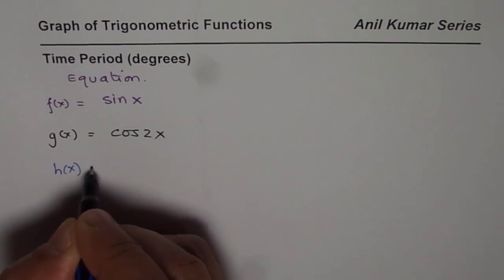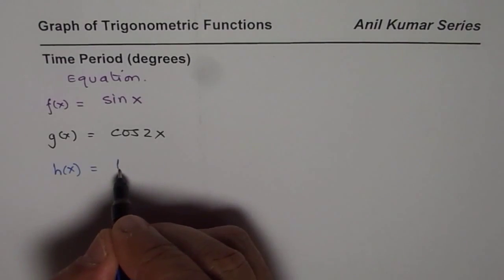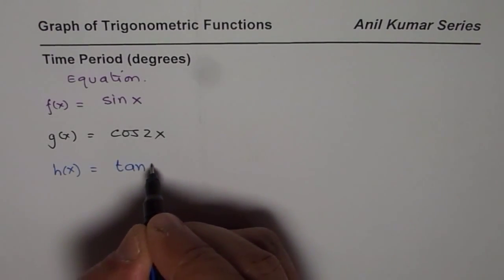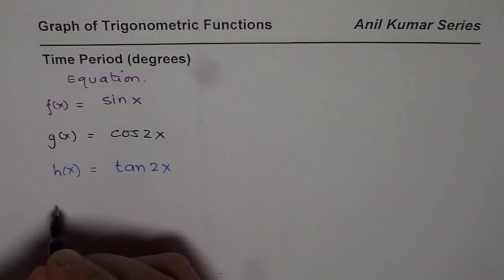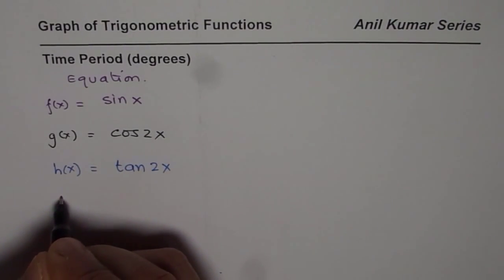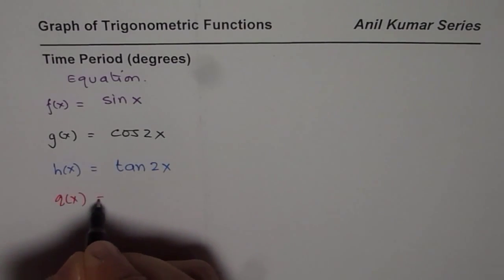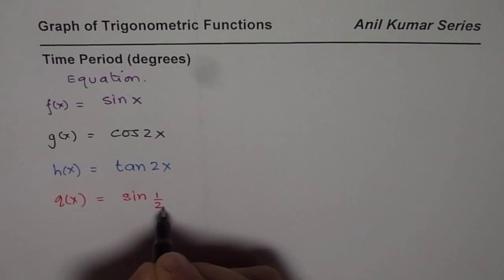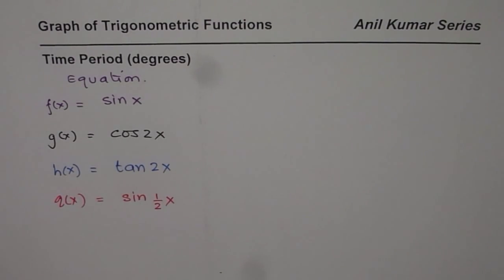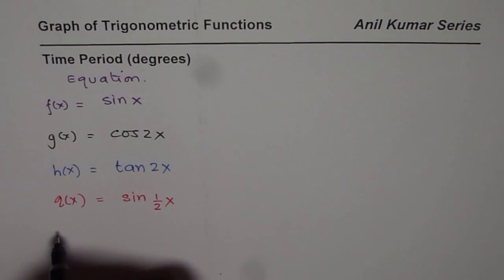So let's say h of x is tan of 2x. And let me take some values with half. Let's say q of x is equal to sine of half x. And let me add one more. I'm using different colors so that once we sketch them, it'll become simpler, right?